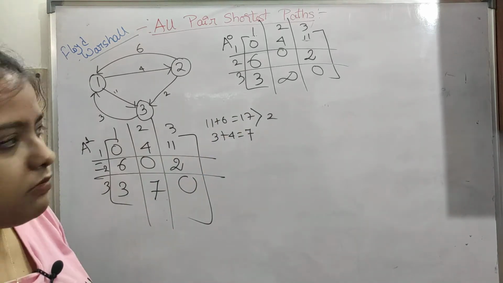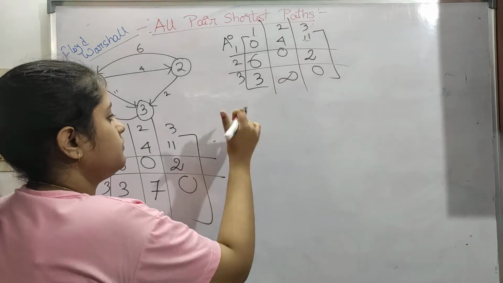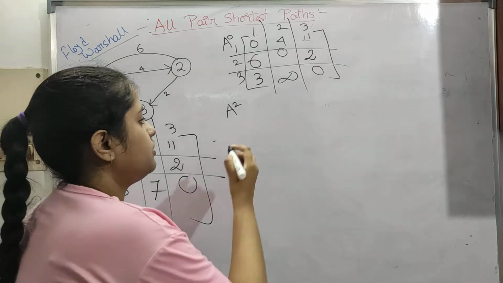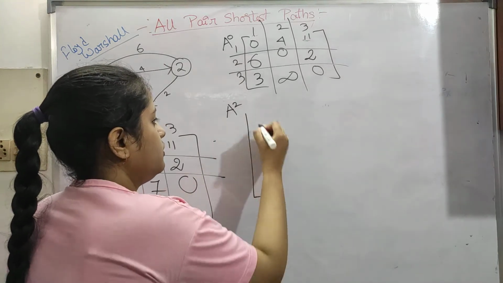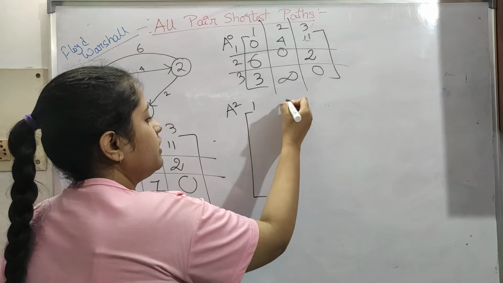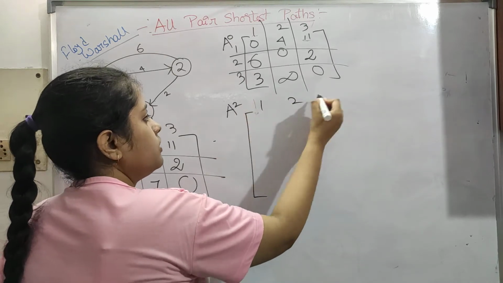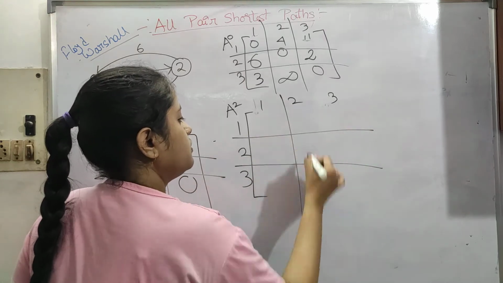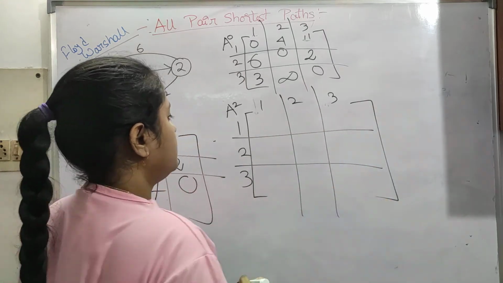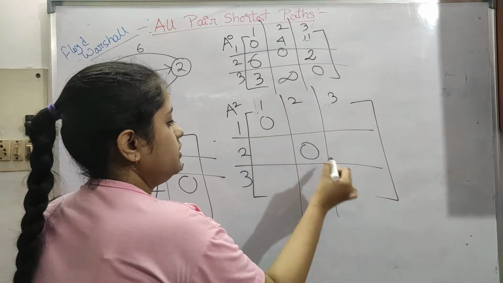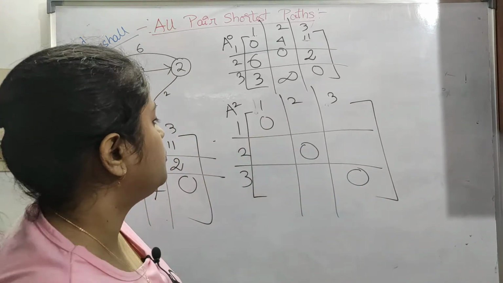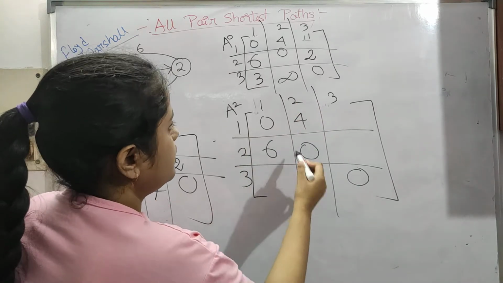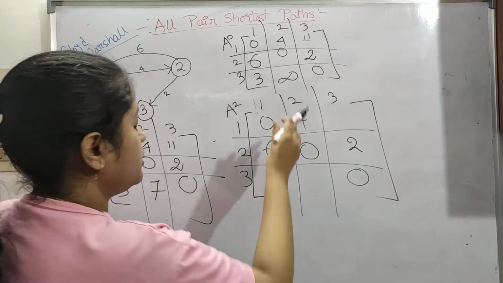Now next we have to do this for every vertex, since k runs from 1 to n. So now if we are going via 2, 1 2 3, 1 2 3. This will be zeros only, and since we are going via 2, this row and column will stay the same: 4, 6, then 2.